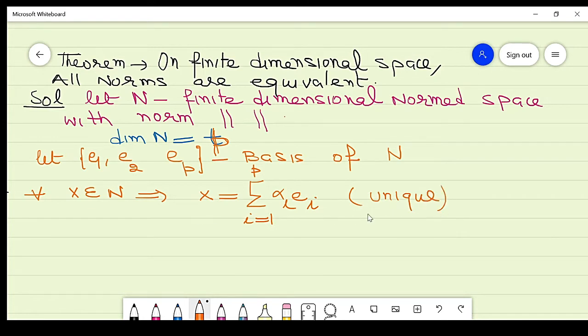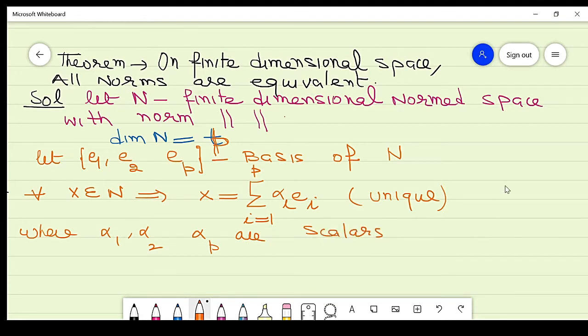We can uniquely express x as a linear combination of e1, e2, ..., ep, where alpha 1, alpha 2, ..., alpha p are scalars.